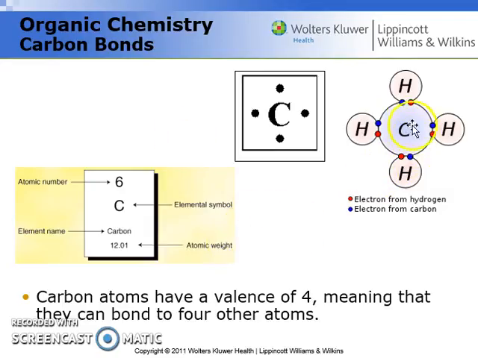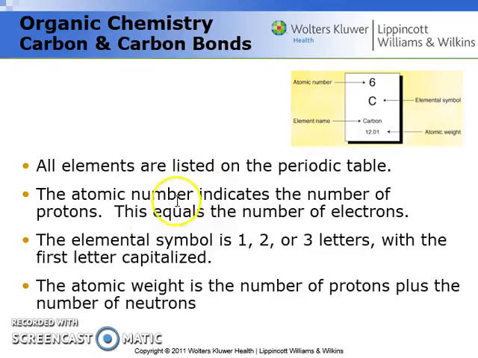So the structure of the carbon atom consists of one carbon atom that has a nucleus, right? And in that nucleus, though you can't see it in the structure, you have a combination of your protons and your neutrons. And remember, that is going to make up the atomic weight, okay?